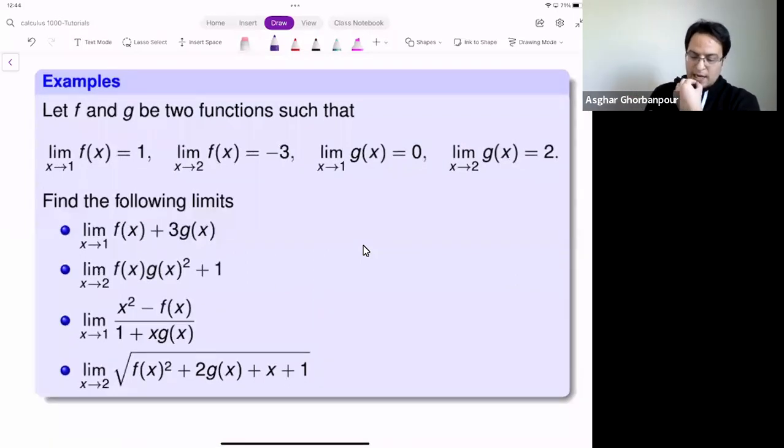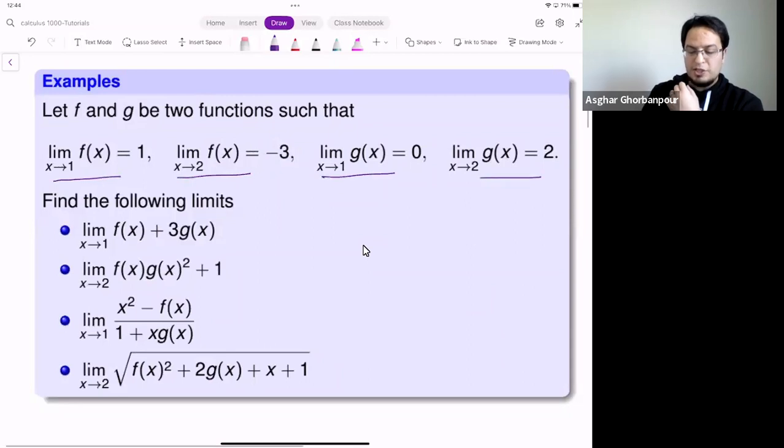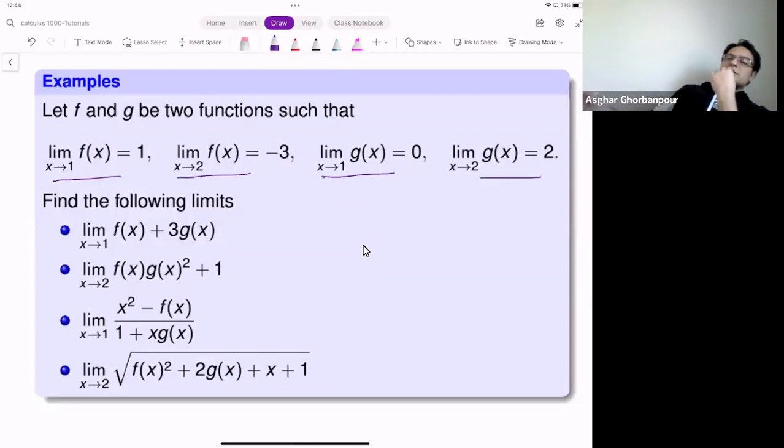Okay, here I have two functions, f and g, and I know that the limits at 1 and 2 for these two functions exist, and they are numbers. Now, it's asking to find the limit of the function f of x plus 3g of x.